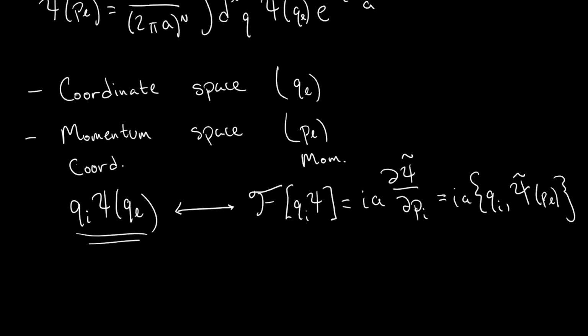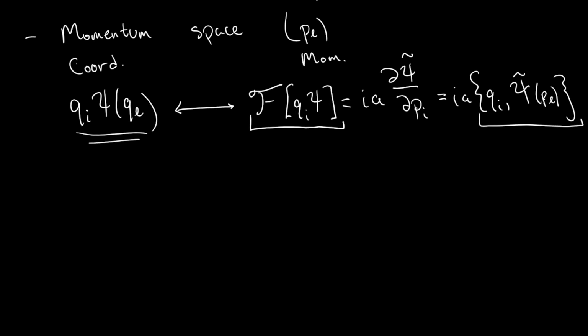So just really reiterating this fact that we're making essentially an identification between a Fourier transform and a Poisson bracket. We're just identifying these two things. We can do a similar thing for momenta. Over here in momentum space, I can just write a product p sub i psi tilde, and over here I want the inverse Fourier transform.